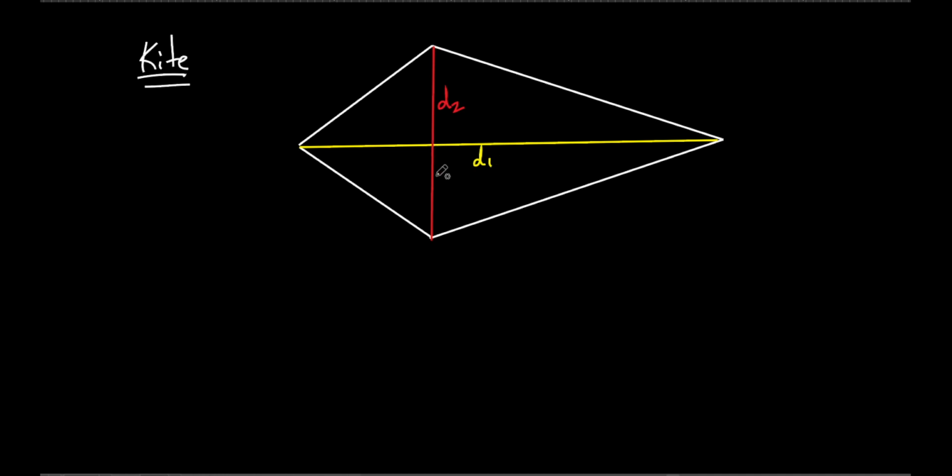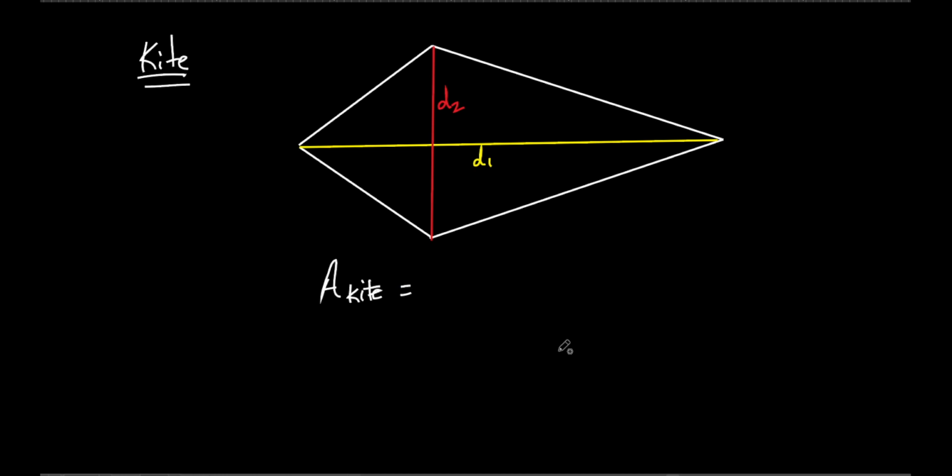What do we know about... What do I know? I'll tell you what. I'm just going to show you what it is. Just because of time, I'm just going to tell you what the area is. So the area of a kite has to do with the diagonals.